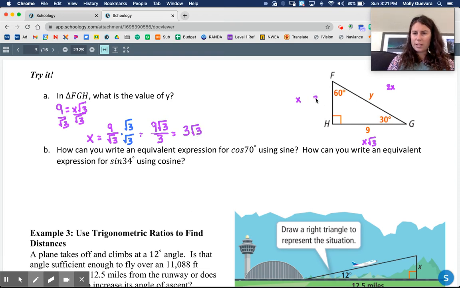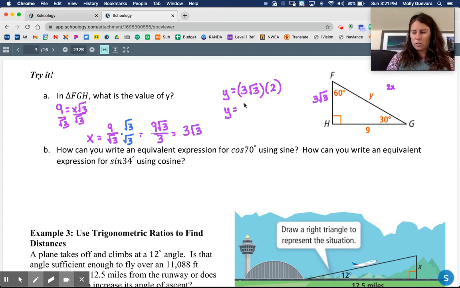So that tells me that this length right here is 3 square root of 3. Okay, and that means that whatever that is times 2 gives me y. So y is going to be equal to 3 square root of 3 times 2. Well, when I multiply this times 2, the 2 can only multiply by the 3 outside the square root, so it just becomes 6 root 3. So y is equal to 6 root 3. And that's it. That's as far as I can go.